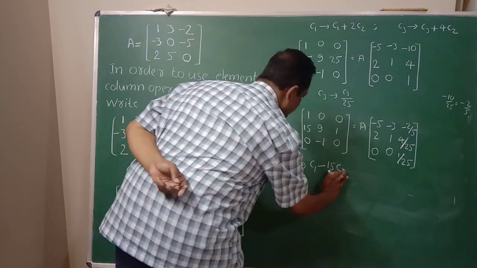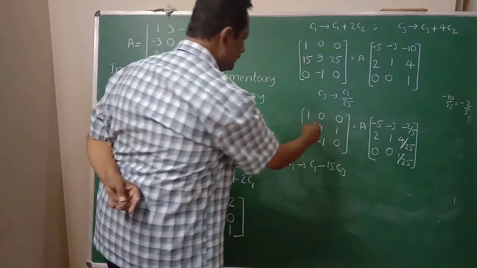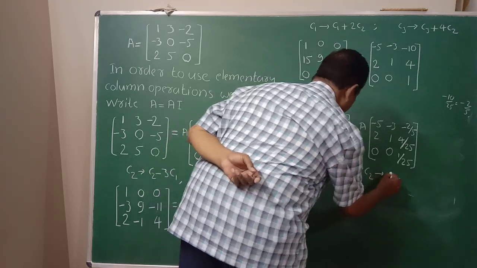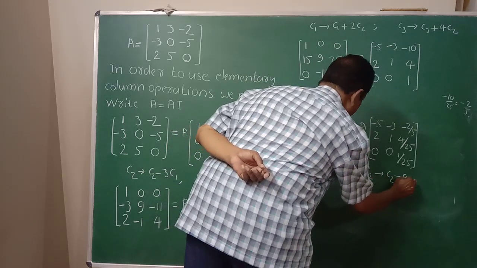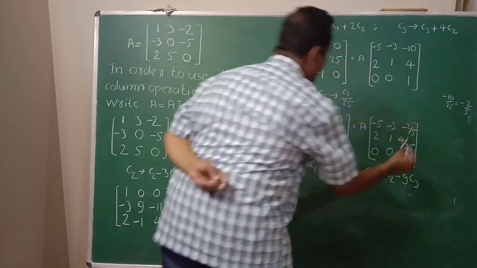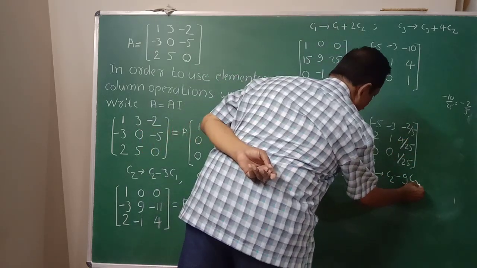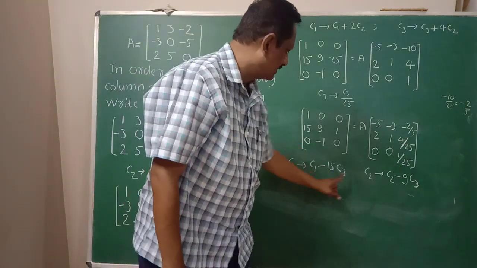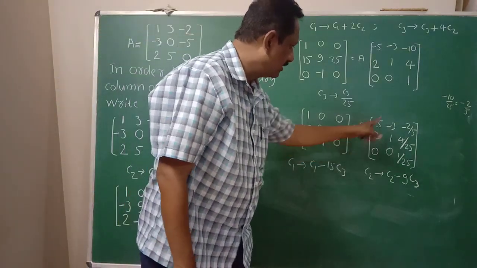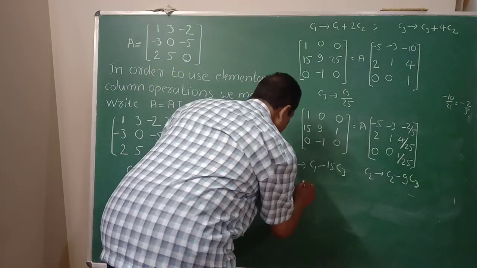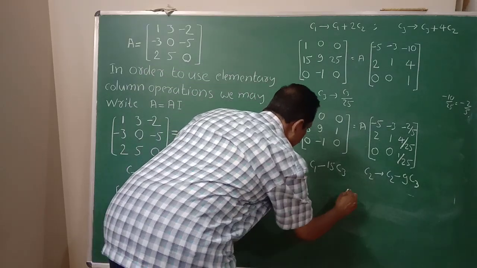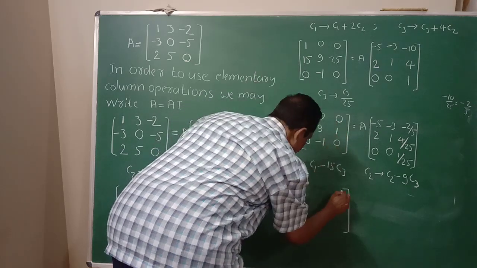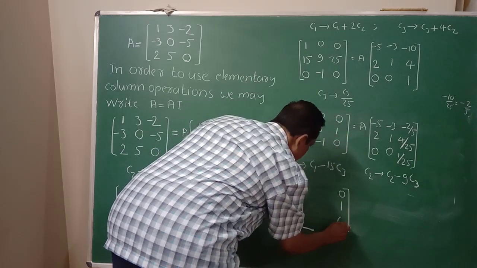Okay. So similarly, this is the second column here. C2 implies C2 minus 9 into C3. Here first and second columns change. Third column is written as it is. Therefore the third column is 0, 1, 0.